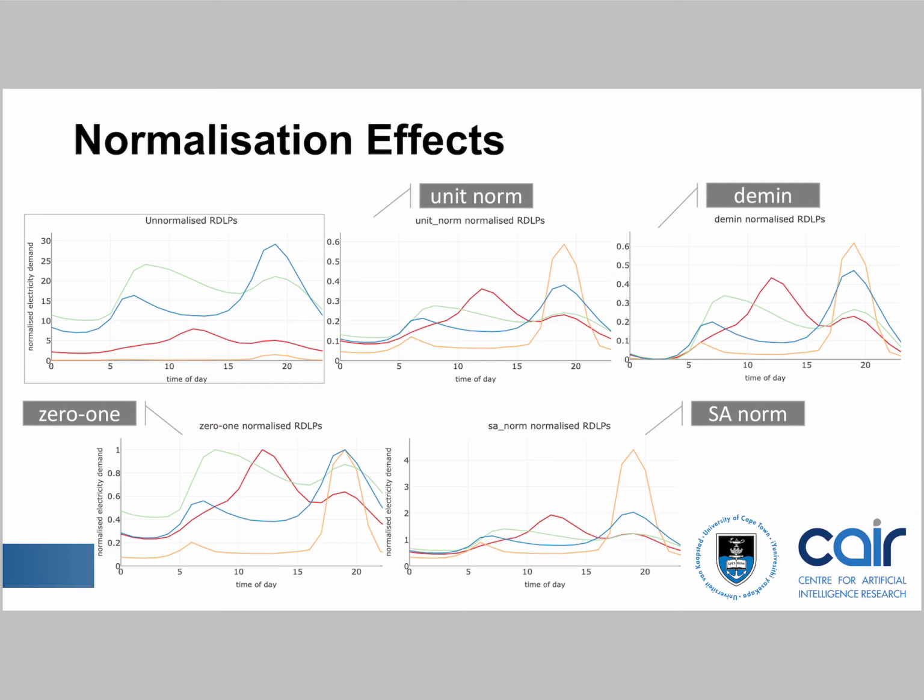In the literature within domestic load research, studies typically use quite a variety of normalization algorithms, and it's not always well validated why they use the one over the other. So what we decided to do is to try to test 4 different normalization techniques against each other, as well as profiles with no normalization.